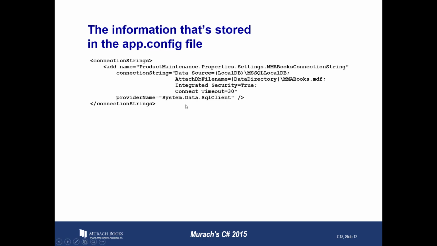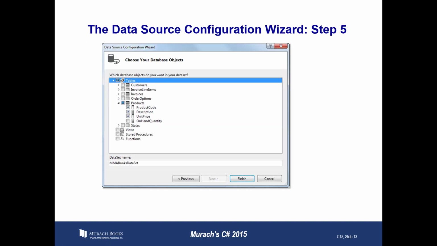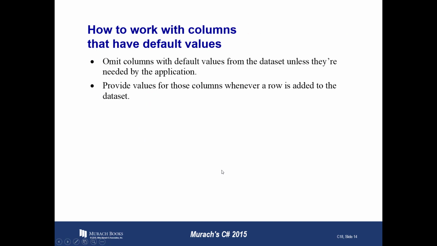And connect timeout equals 30 means that you will try it for 30 seconds, and if you cannot connect within that time, then just time out. Alright, so again, you see the different stuff that's here as we work our way through. And if you click on any one of these tables, it'll show you fields that exist for that table. Okay. Alright.